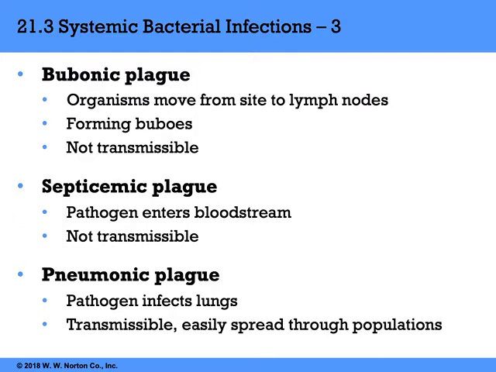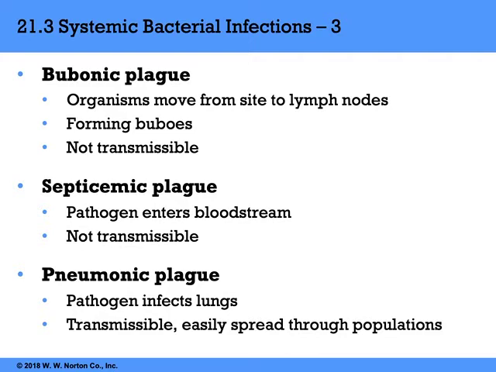Bubonic plague results from a bacteria that can move from the site of infection into the lymph nodes, forming buboes. It is generally not transmissible. The classic vector is the flea, and sort of by extension the rat.